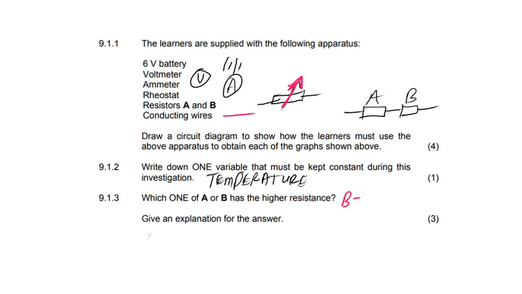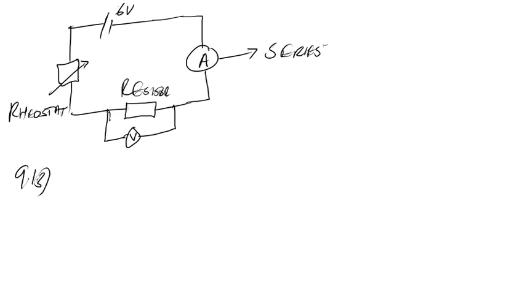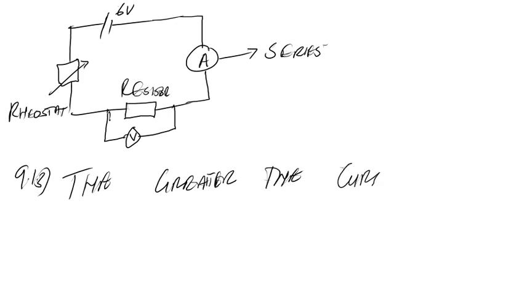Because the current at point B is lower than the current at point A. Then you can go on and explain this in 9.1.3. You can say, because the greater the current, the lower the resistance.